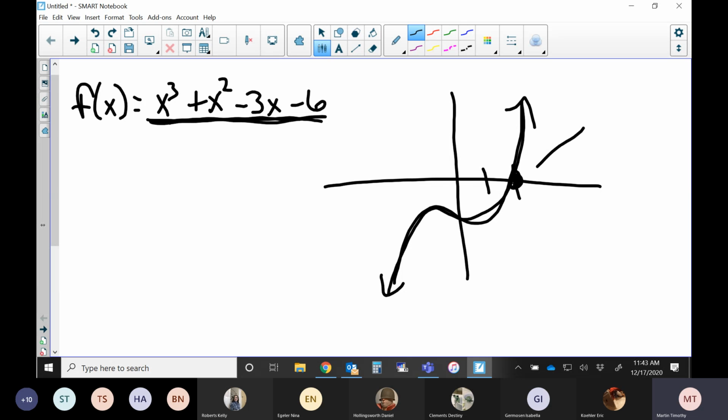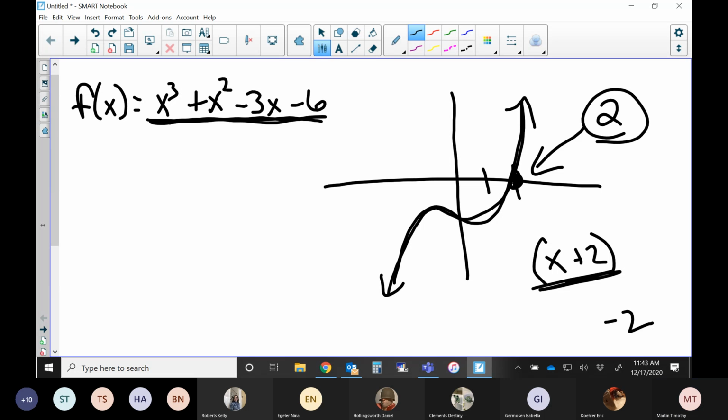Well, this is called the 0. The 0 is 2. But if you remember back, when I said x plus 2 was my bubble, the 0 was -2. So if I gave you the 0 as 2, what would be in my bubble?